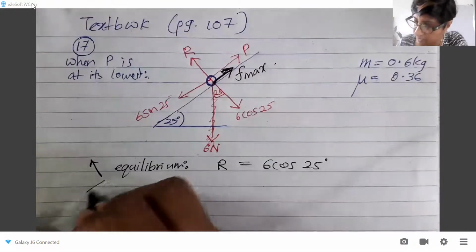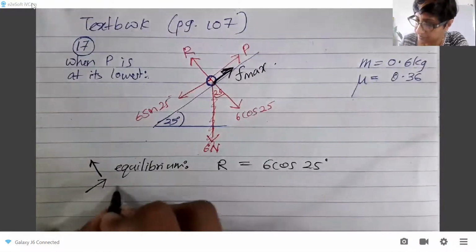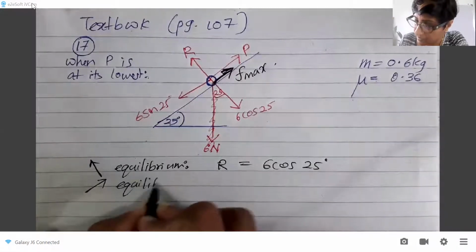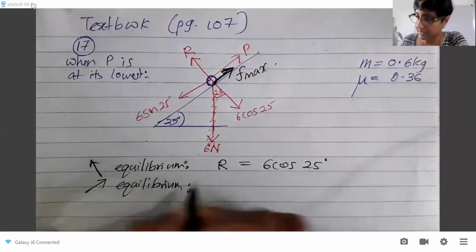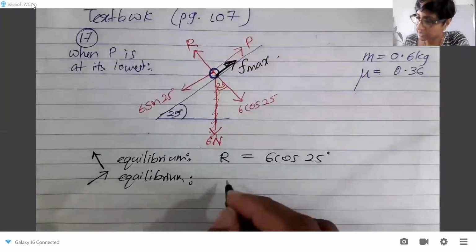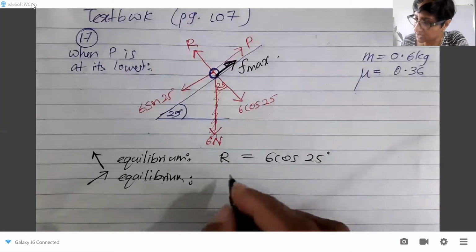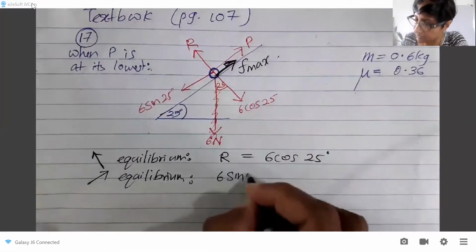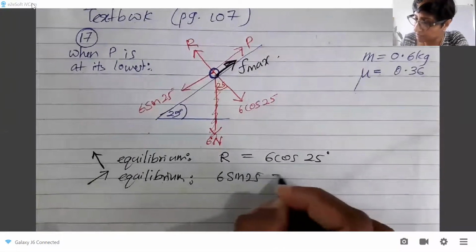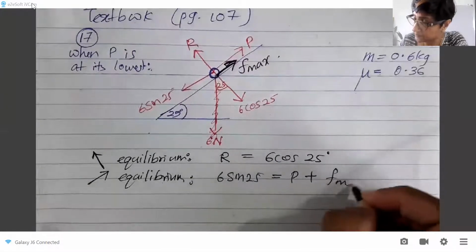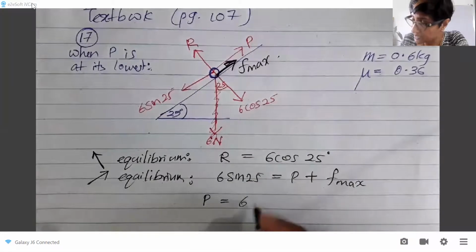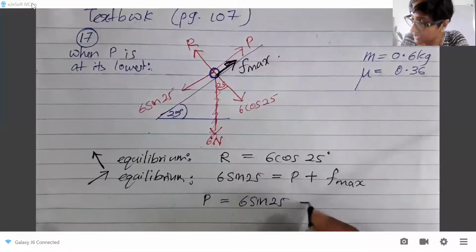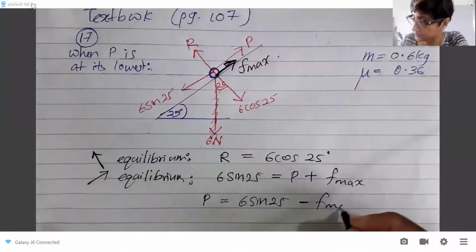And then horizontal equilibrium. I'm just trying to find the value of P. That's my aim here. And that P would be the smallest P. Horizontally, I know that 6 sine 25 is equal to P plus F max. I want to find P. P is equal to 6 sine 25 minus F max.